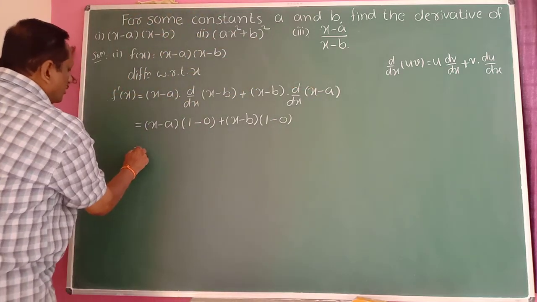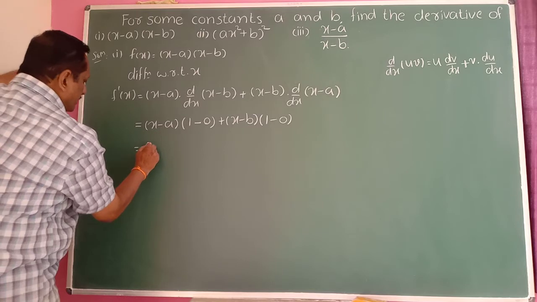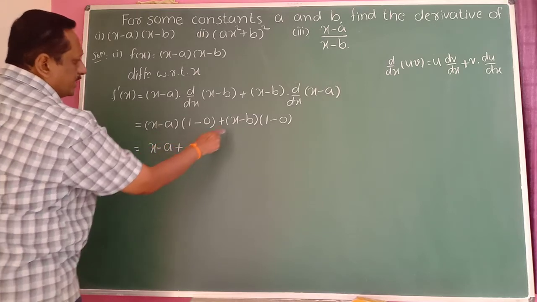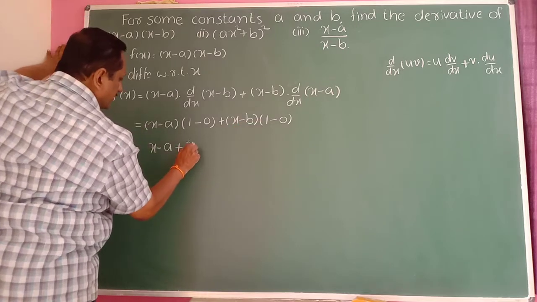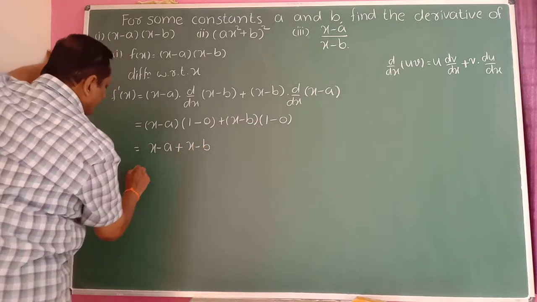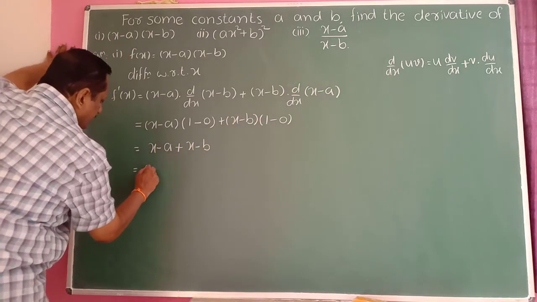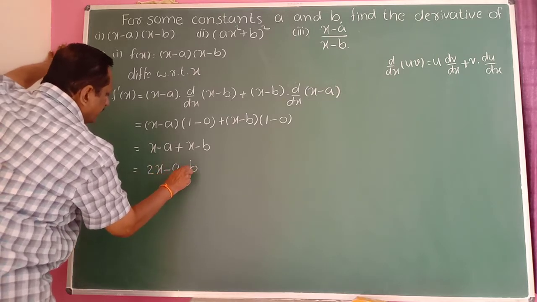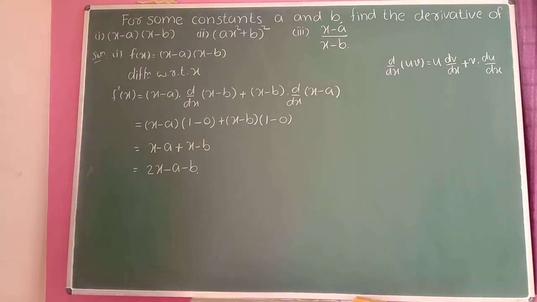Therefore this equals x minus a into 1 becomes x minus a, then plus x minus b into 1 becomes x minus b. Therefore x plus x becomes 2x minus a minus b. So this is the answer.